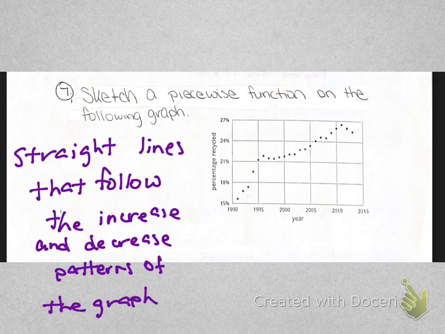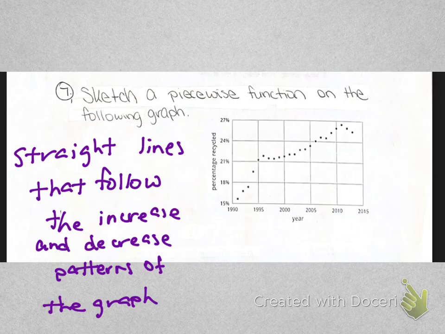We did this exact question in lesson 10, exact same graph and everything. So you're just making straight lines that follow the increase and decrease patterns of the graph. These lines are going to connect. They're straight lines because it's still a linear function, but the slopes change because of the increase and decrease happening. So it's broken into pieces. That's why it's a piecewise function. It's still linear, but we change direction, so it's broken into pieces that are connected.